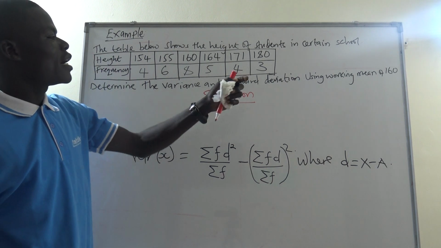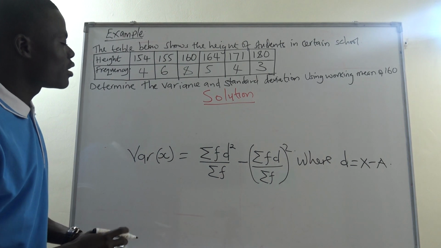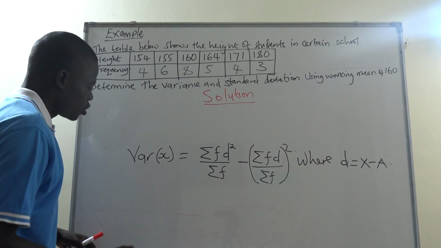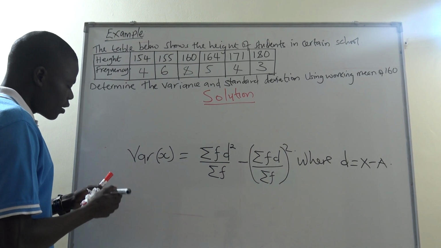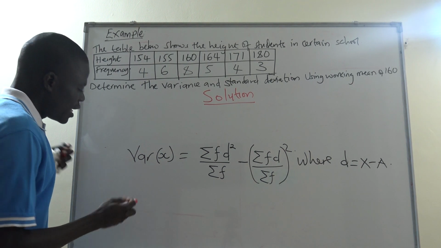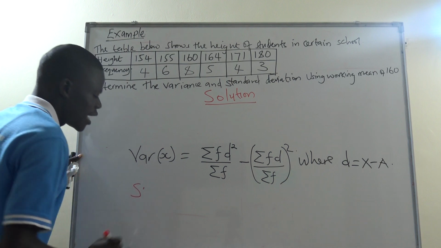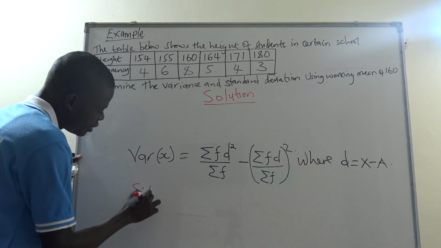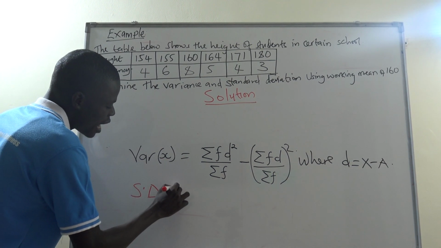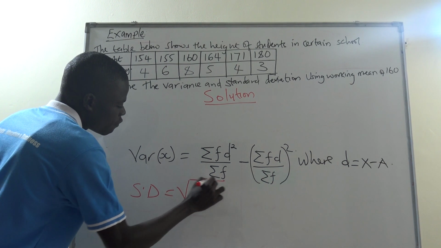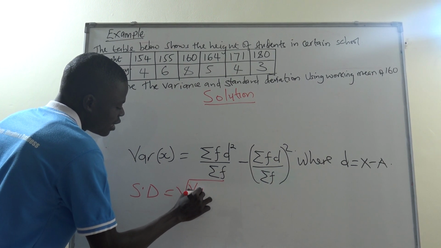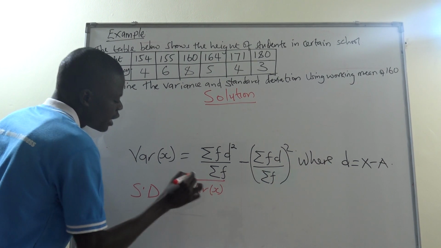But also they want us to get the formula for calculating standard deviation. Remember what we said, that standard deviation, which we denoted as SD, is given by the square root of variance of x.